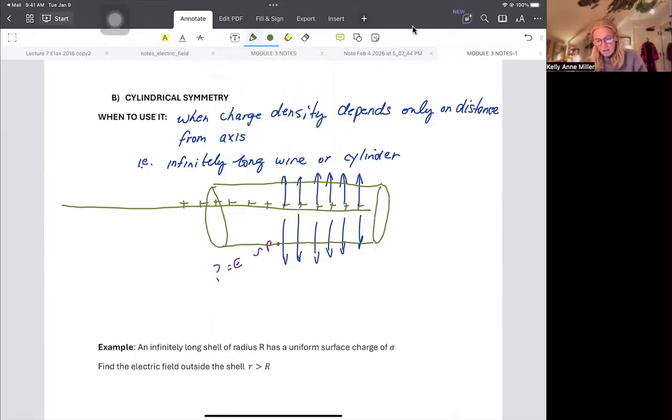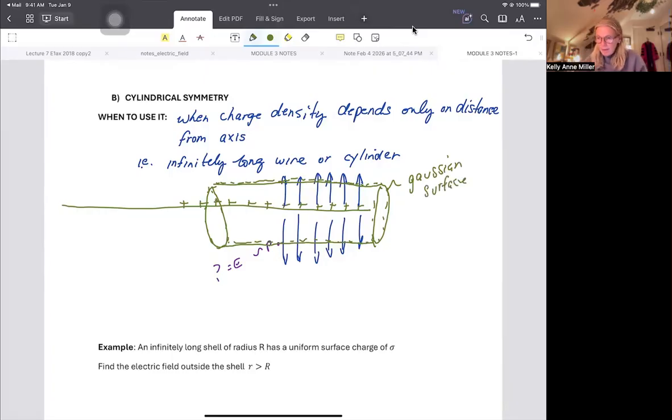I should have drawn a dotted line, but you get it. That's my Gaussian surface all the way along.